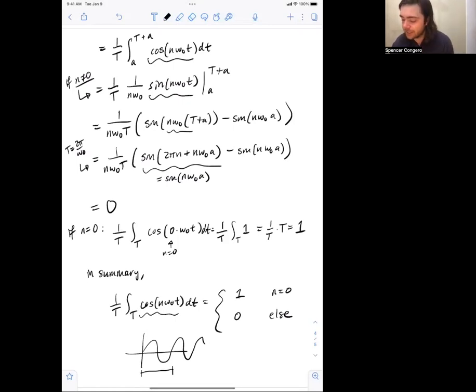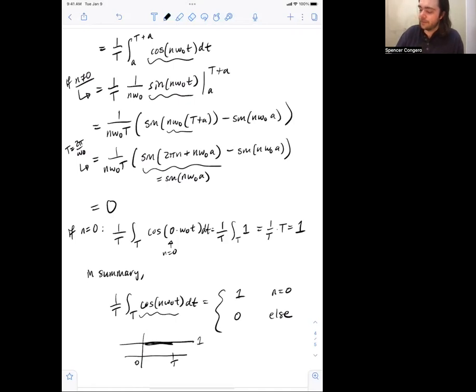Well, for every value above the axis, there's an equal and opposite one below. And so they all cancel out to give you just 0 on average. Versus if n actually equals 0, then I'm just saying what's the average value of the constant 1 function from 0 to T, and of course that average value is just 1.